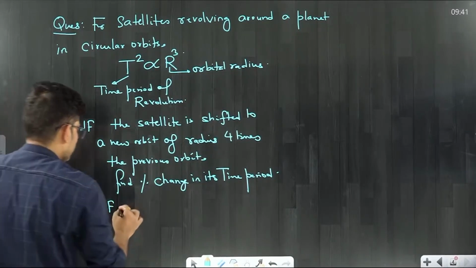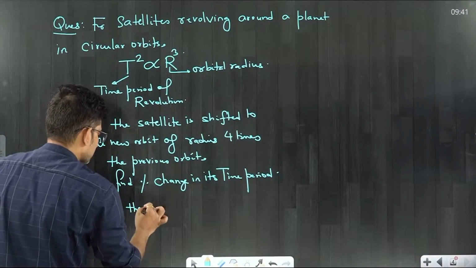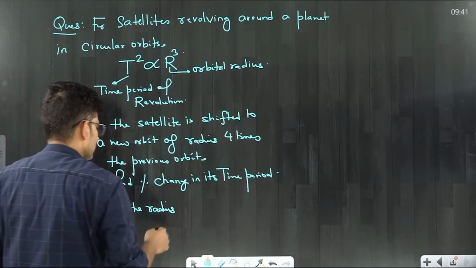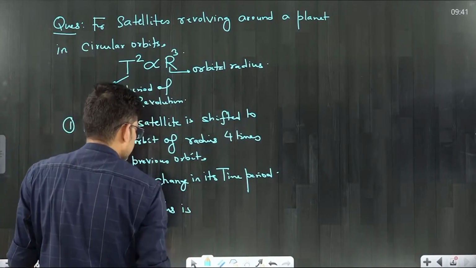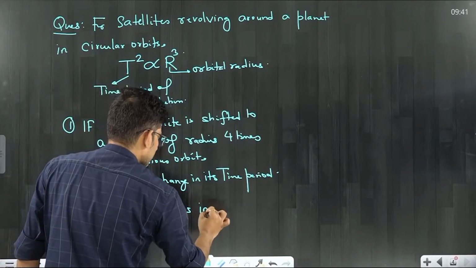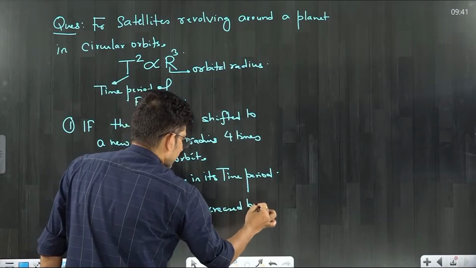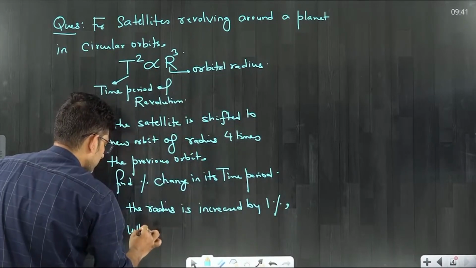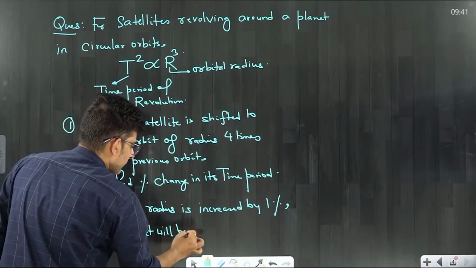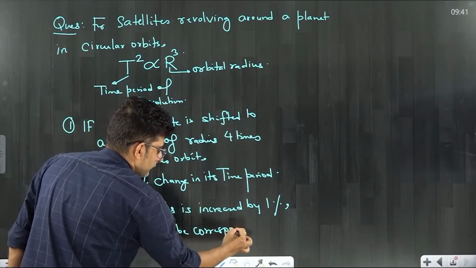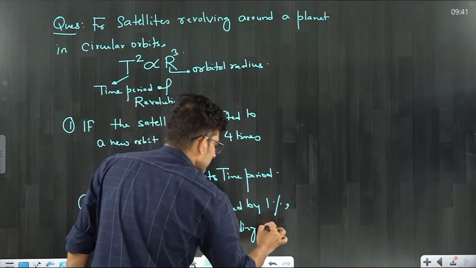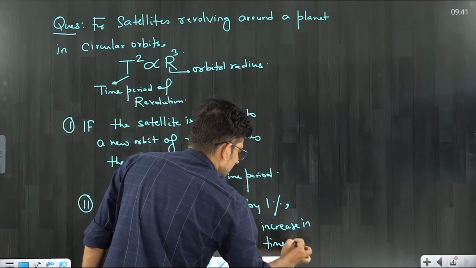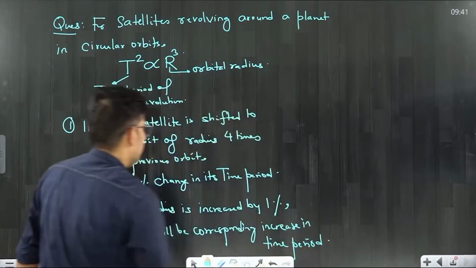If the radius is increased by 1%, what will be the corresponding increase in time period? So 2 examples we are taking.